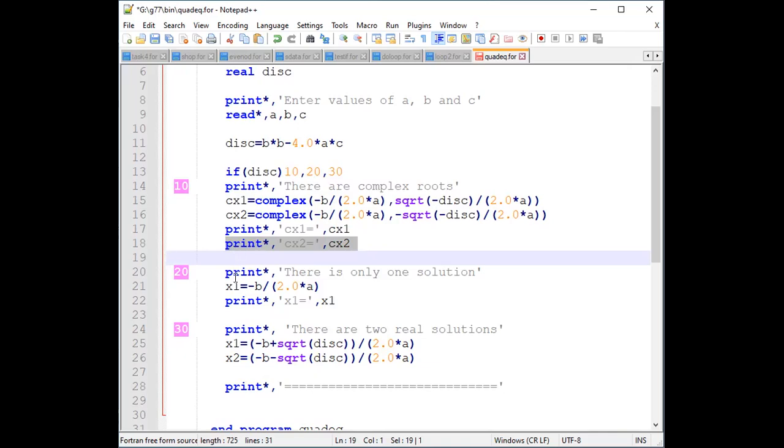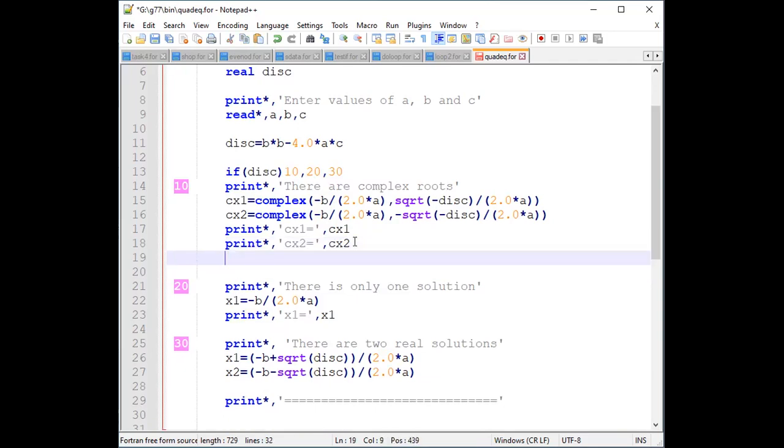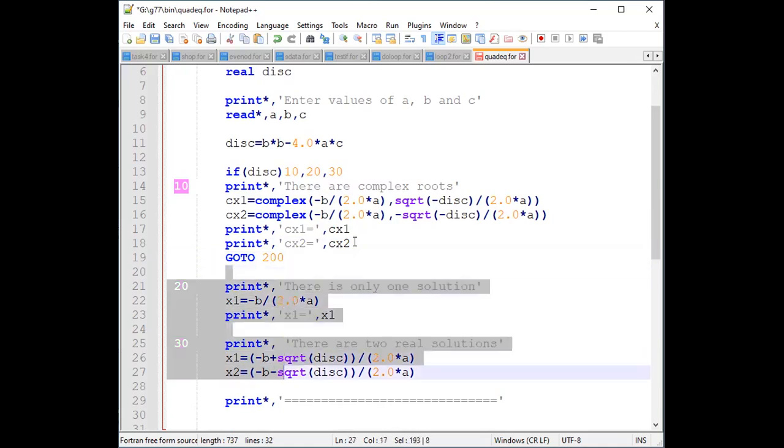Since this is not a distinct block, to make it a block, I have to write here a GOTO statement, go to say 200, which means after this one, skip this part, right?